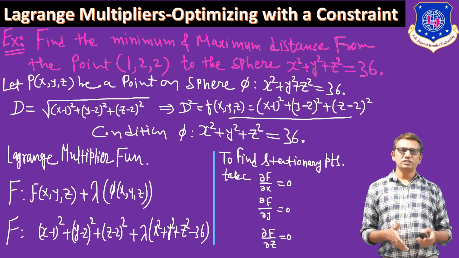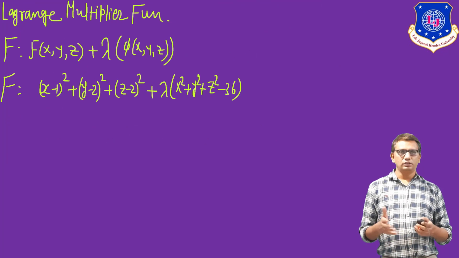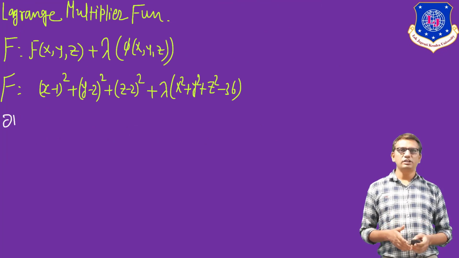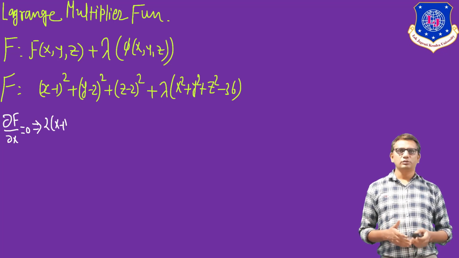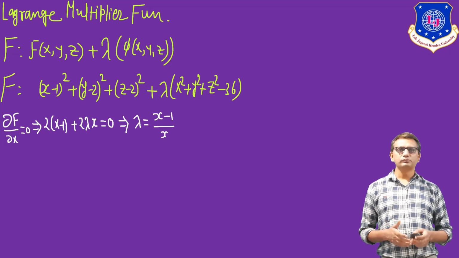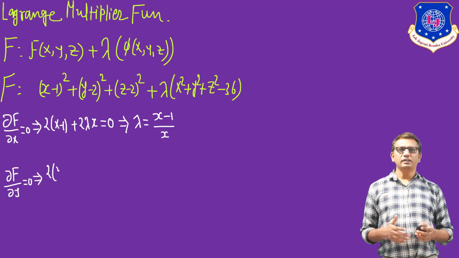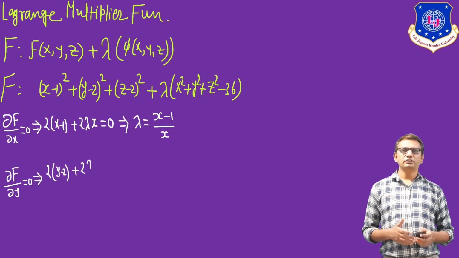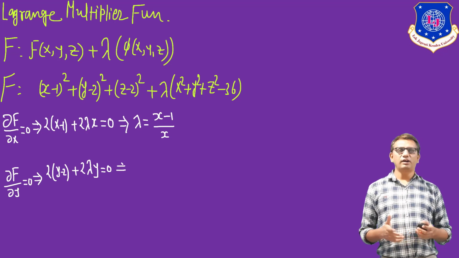Now we will calculate these three equations and solve, and we will compare the relation between x, y and z. Del F by del x is very easy for us. It is 2 times (x minus 1) plus 2 lambda x equal to 0. So it can be rewritten as lambda equal to (1 minus x) by x. Similarly, del F by del y equals 2(y minus 2) plus 2 lambda y equal to 0.